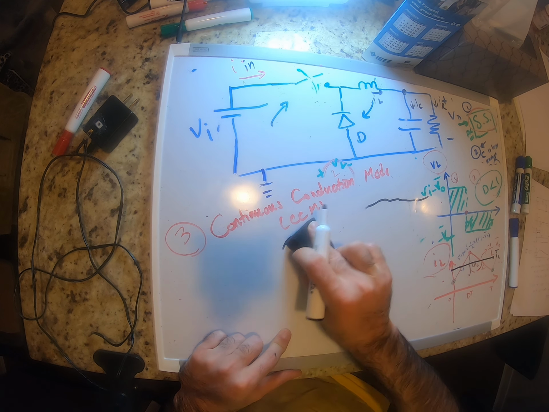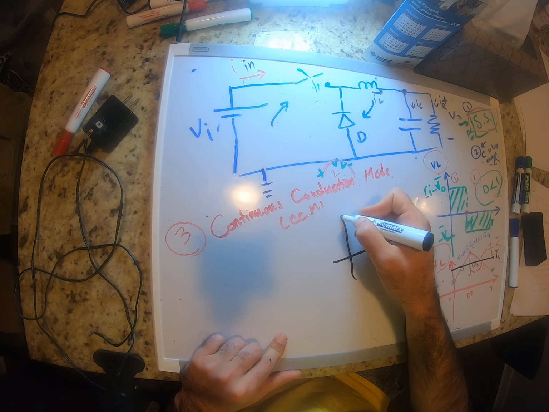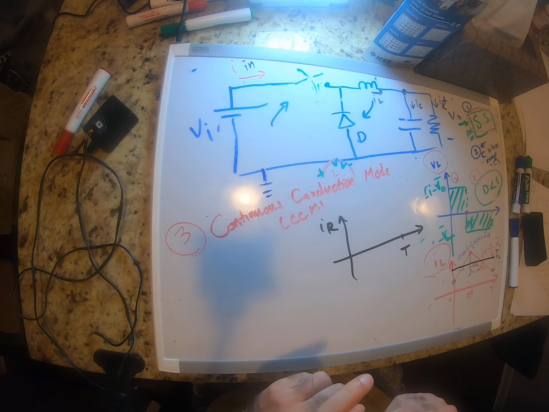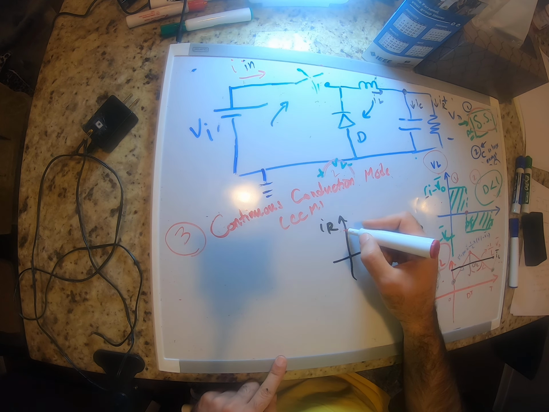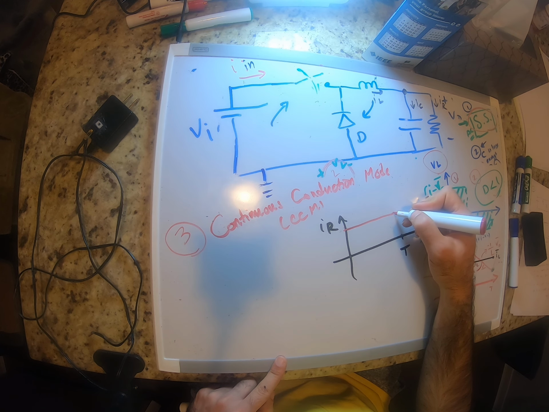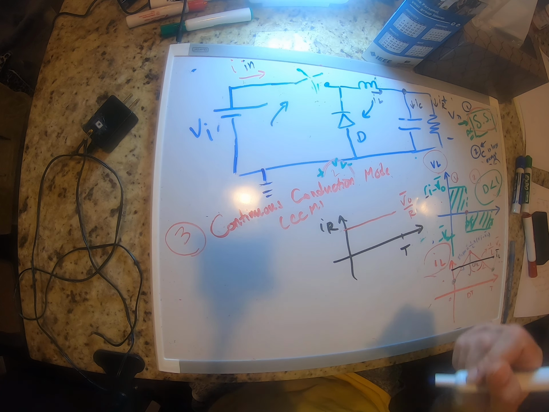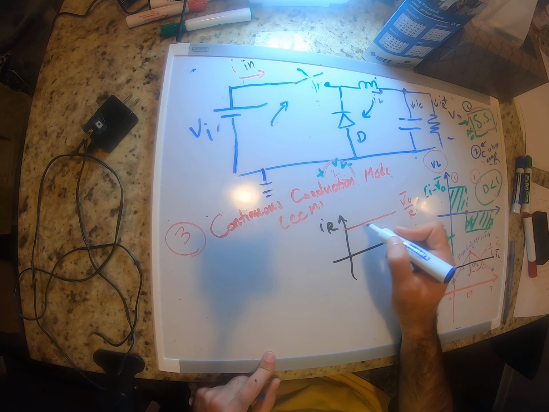So if I want to draw the IR, we can basically assume that it's always constant, and this value is VO over R. To be realistic, it's not going to be exactly a straight line.